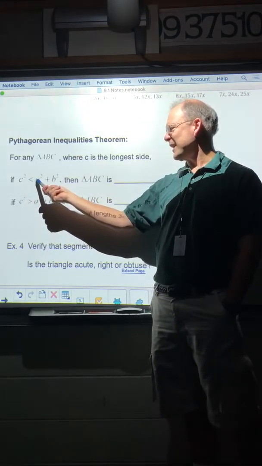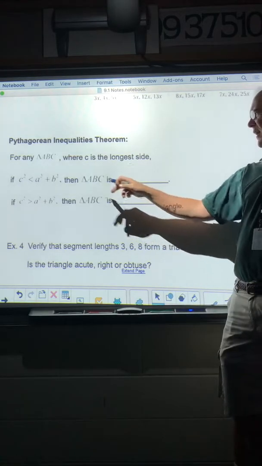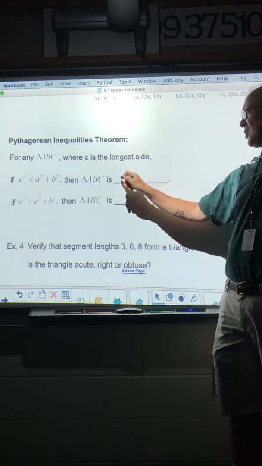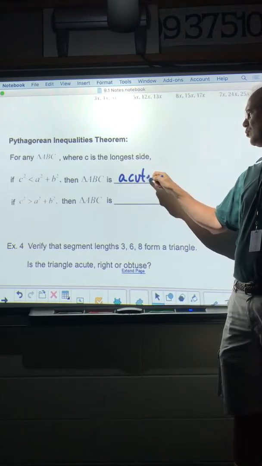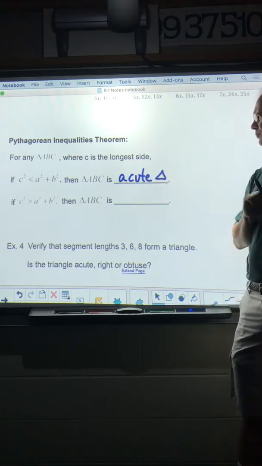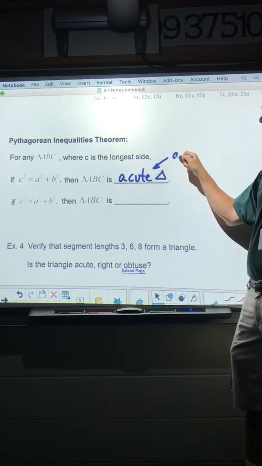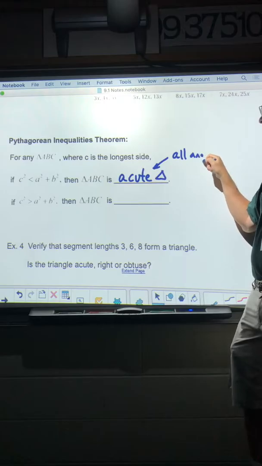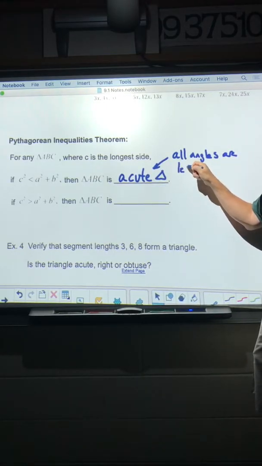So if C squared is less than A squared plus B squared, then triangle ABC is an acute triangle. That means all the angles are less than 90.